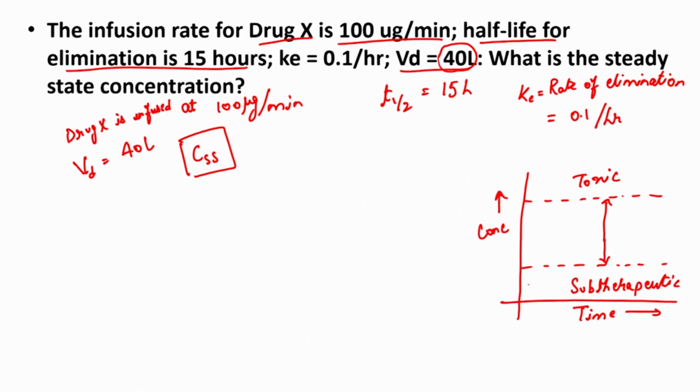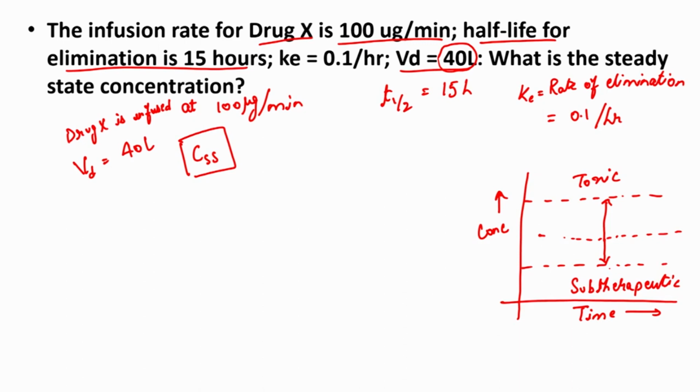In the previous example, we looked at how we can get to this particular range. Now what we are trying to do is see if we can maintain it in this range. Let us say we are here and we want to maintain it so that it does not go away from this range.